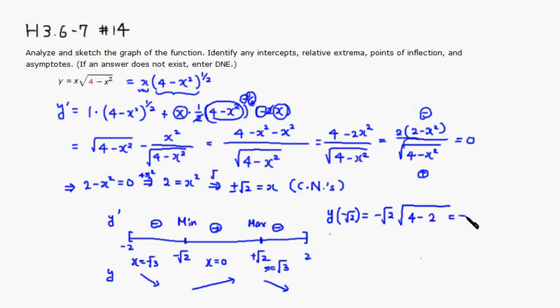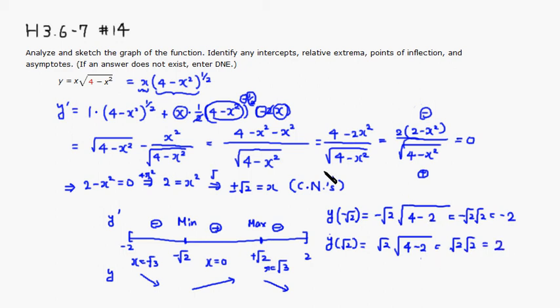So it's going to be negative square root of 2 times square root of 2, which is negative 2. And y at the square root of 2 would be positive square root of 2, square root of 4 minus 2, which is square root of 2 times square root of 2, which is positive 2.